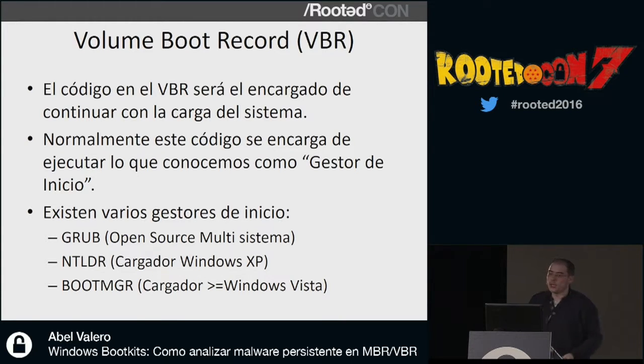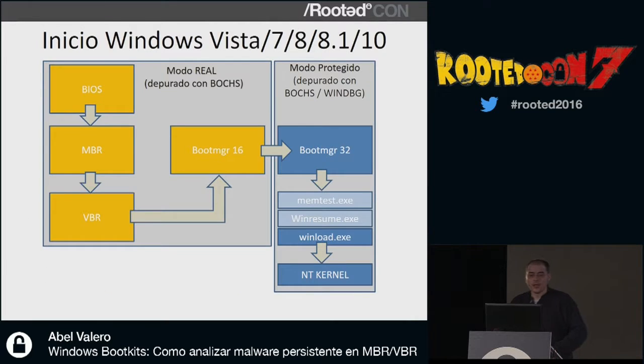On Windows you have the partition part to be launched, so you can choose on the system how to launch the system. This is how to initiate startup on Windows Vista, 7, 8 through 10, which are the most current systems.